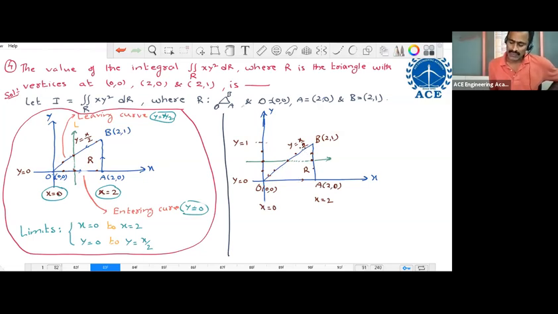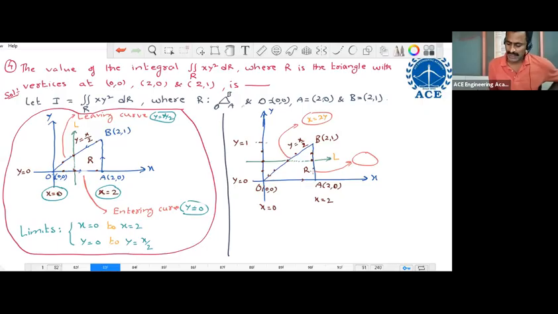So this entering curve will give the lower limit. This leaving curve will give the upper limit. The entering curve gives the lower limit of x, because this line is drawn parallel to the x-axis. A line parallel to the x-axis gives the limits of x, because x is changing. That is why, from the equation of the curve, y equal to x by 2, we write x in terms of the other variable: x equal to 2y.